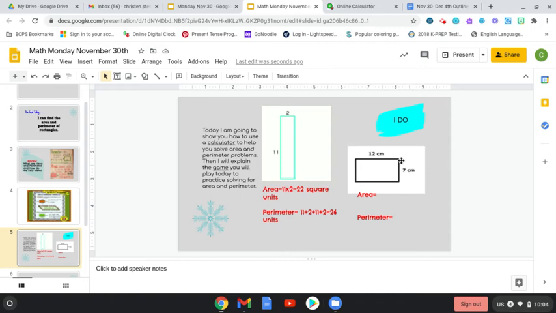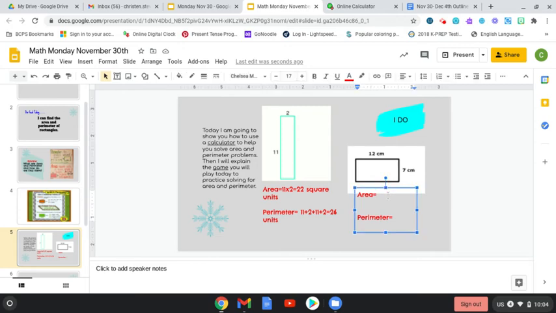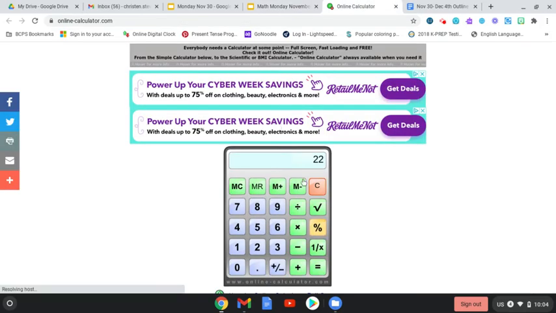Let's go over to this one. The area. Remember, you're going to multiply the two sides that touch, your length and width. 12 centimeters times 7 centimeters. So I'm going to go down here. 12 cm times 7 cm equals. Well, if I don't know that, I'm going to go to calculator.